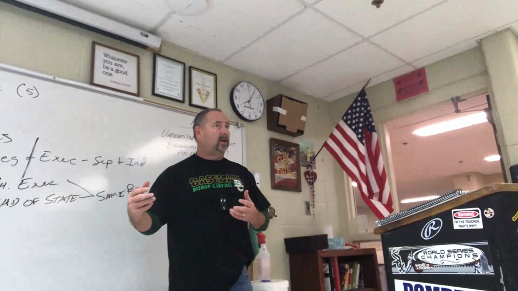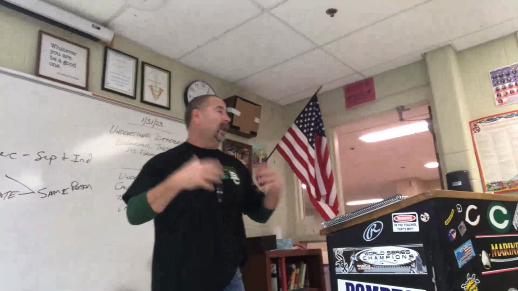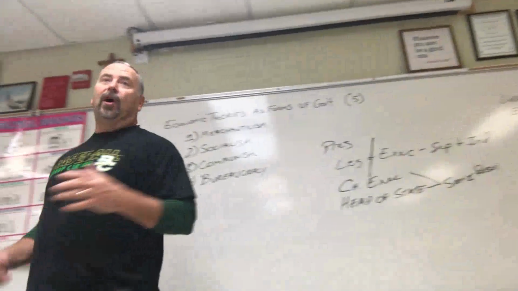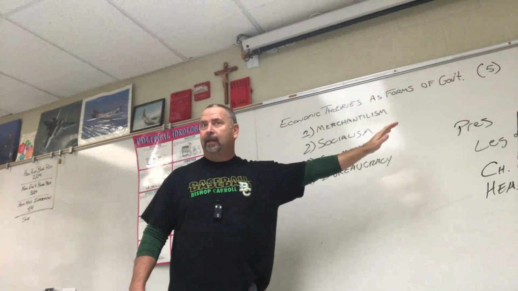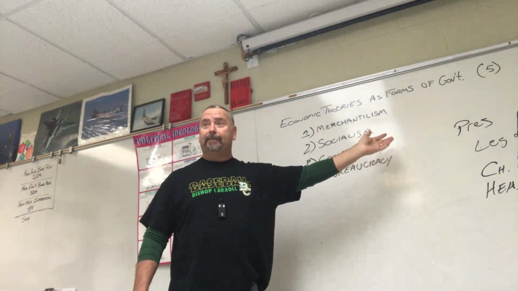Then we looked at different forms of government based on the number of people that could participate: dictatorships, where very few or one participate, and democratic systems, where a lot of people get to participate. Now we're changing our attention to different forms of government based on economic theories. That will be our discussion today.